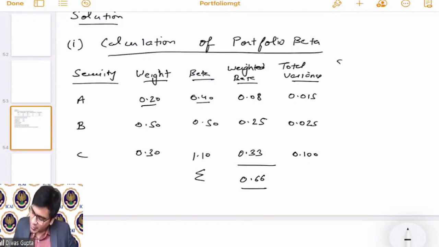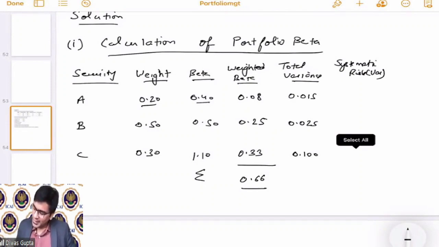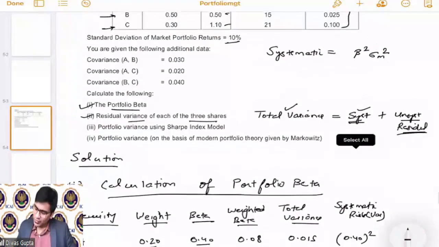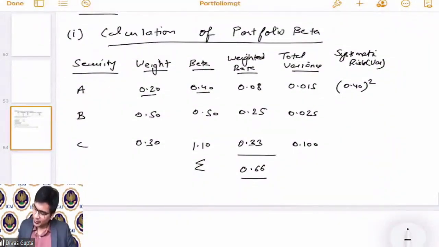Now if we talk about systematic risk in terms of variance, okay, this will be, what is the beta here? 0.40 square, and the standard deviation of market is how much? 10%. 10% square. Correct?